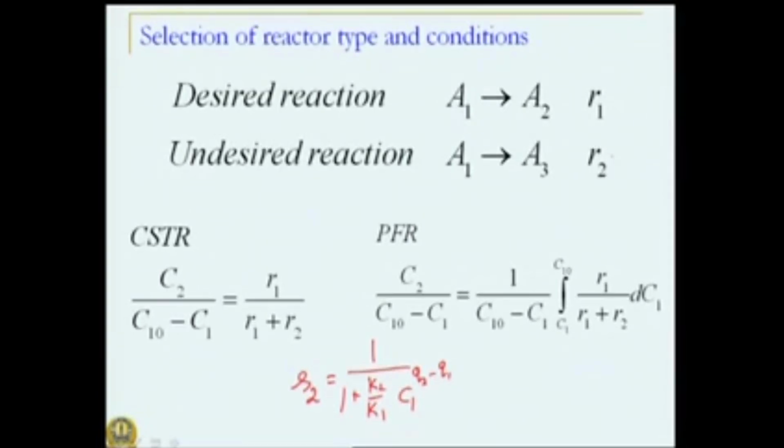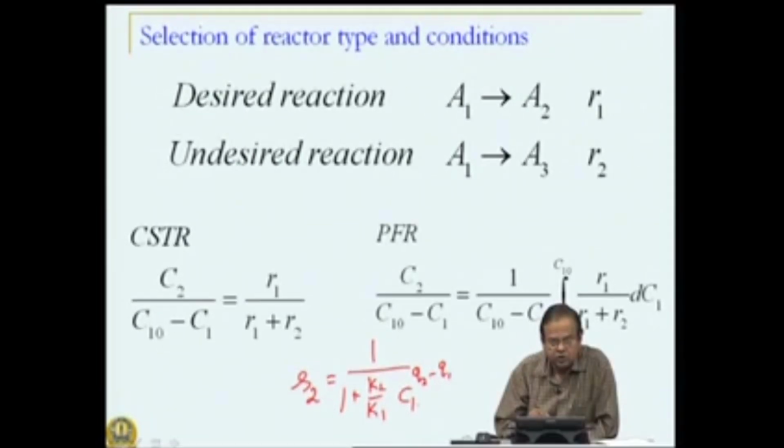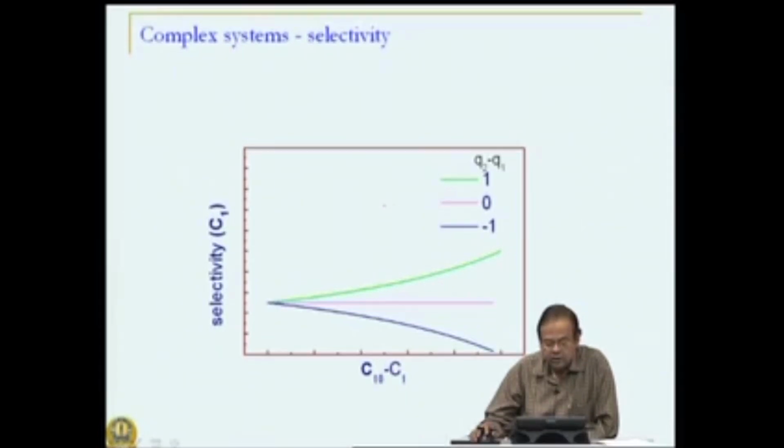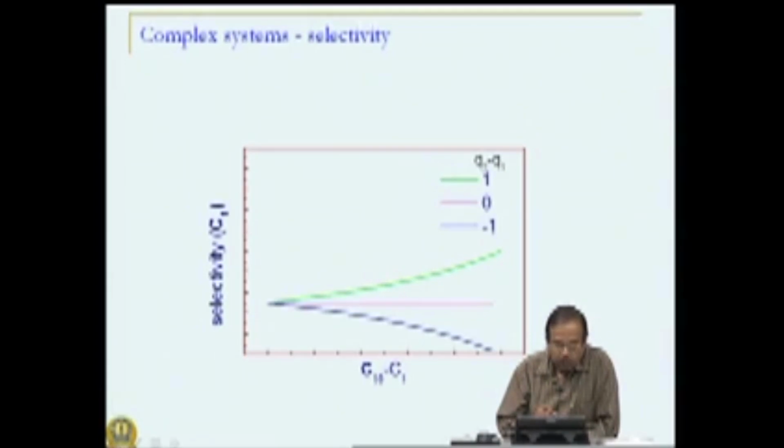So, how selectivity changes as the concentration of C1 is changed will depend upon these values of Q2 and Q1. Let us look at that behavior once again in the same plot of C10 minus C1 against selectivity.